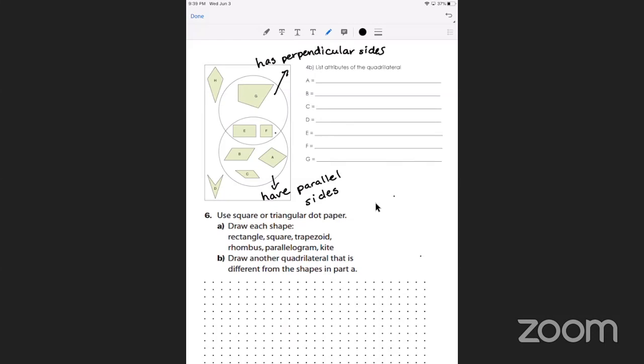And this has both parallel and perpendicular sides.